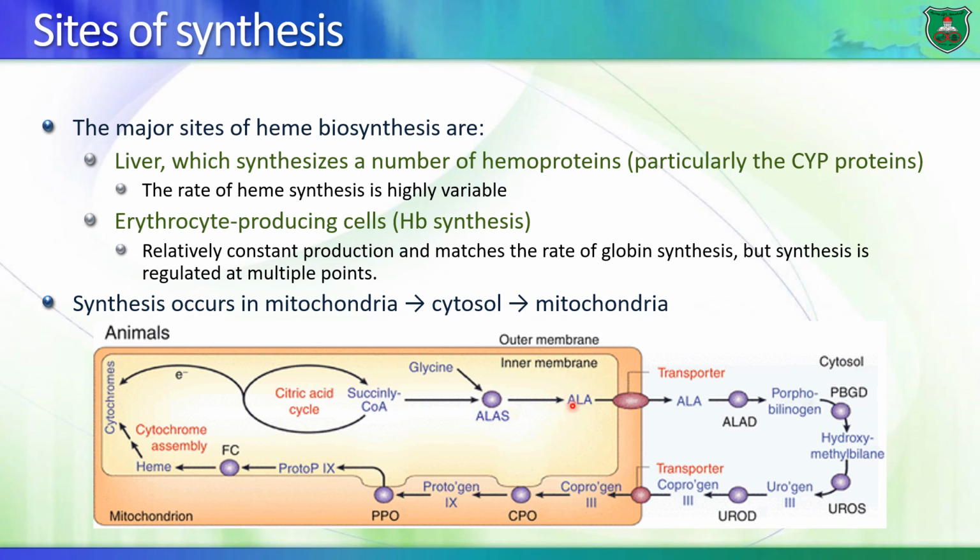This ALA is then transported out of the mitochondria. It gets converted into several intermediates, and then one of them gets back into the mitochondria, and eventually it gets converted to heme.